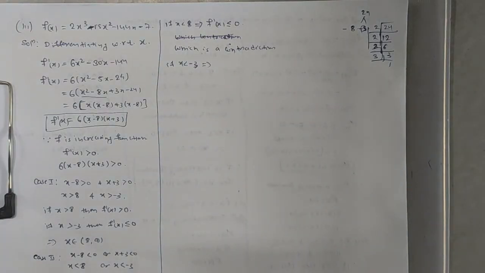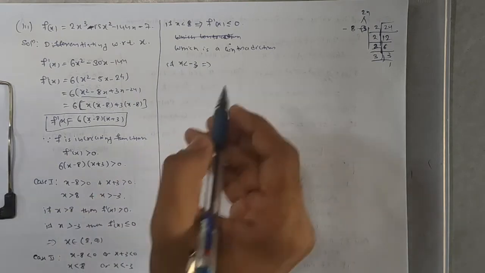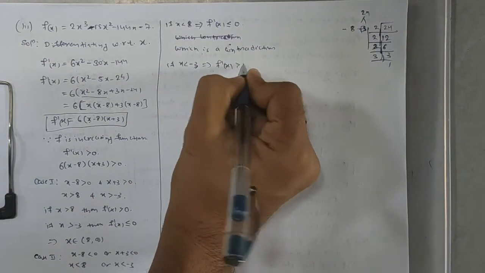So we can take minus 4. Minus 4 minus 8, minus 12. Minus 4 plus 3, minus 1. Minus 12 into minus 1, plus 12. 12 into 6, 96. So this will be f dash of x is greater than 0.